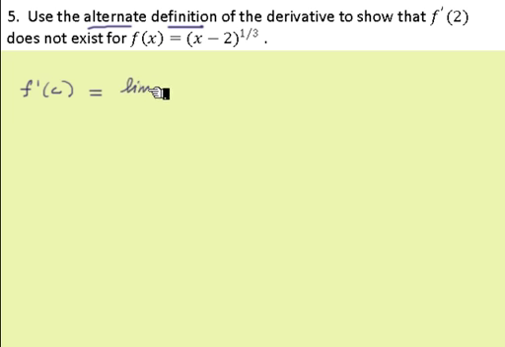So let me just write that down again. Alternate definition, f prime of c, limit x goes to c, f of x minus f of c over x minus c.